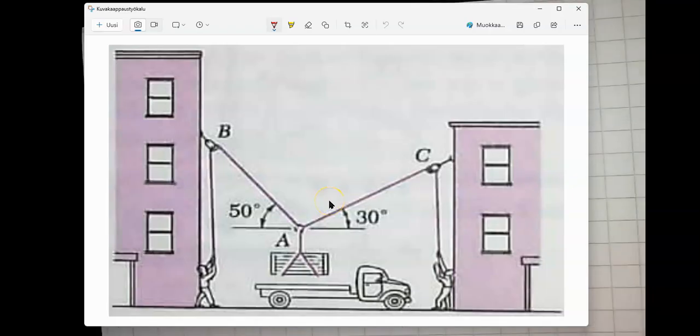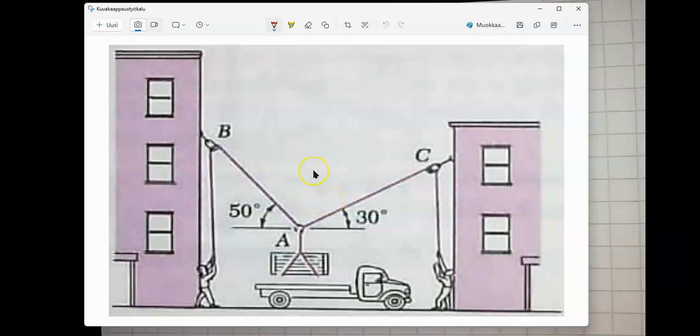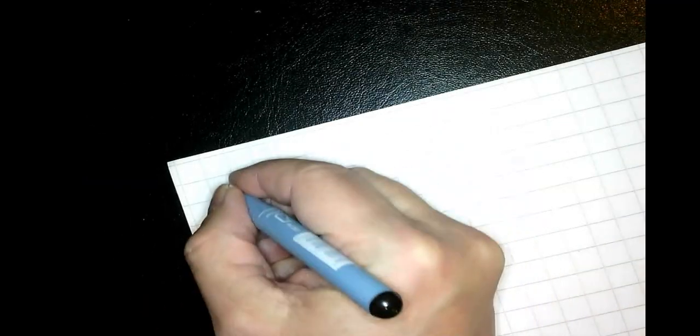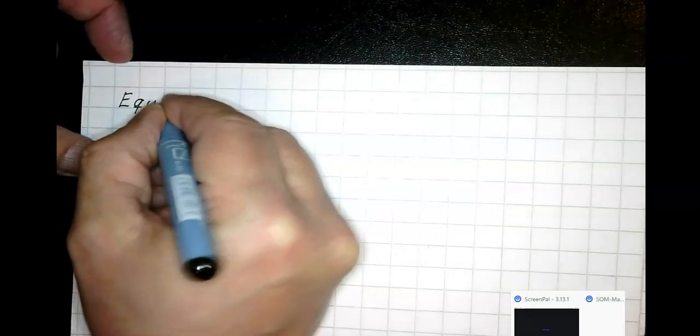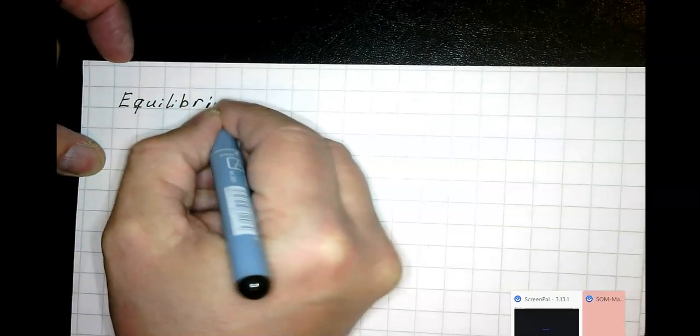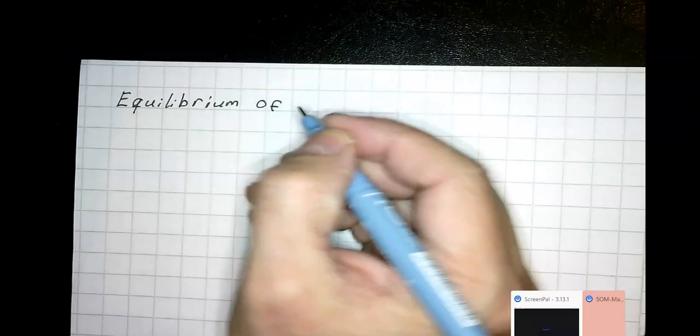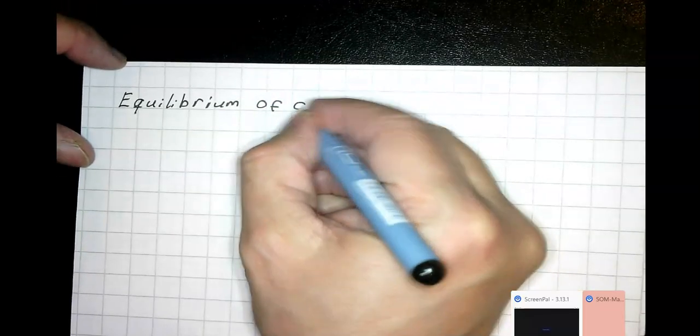Let's solve this problem. I will give a title for this example: equilibrium of a particle.